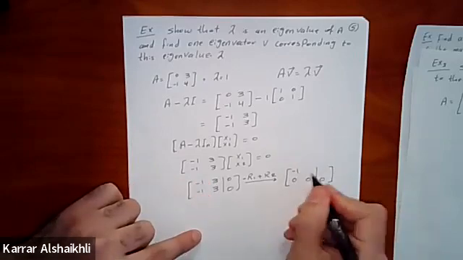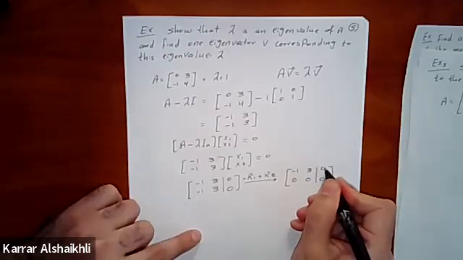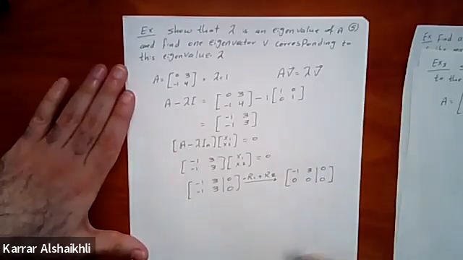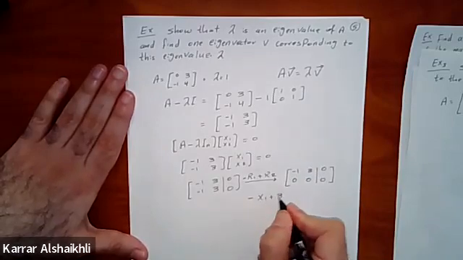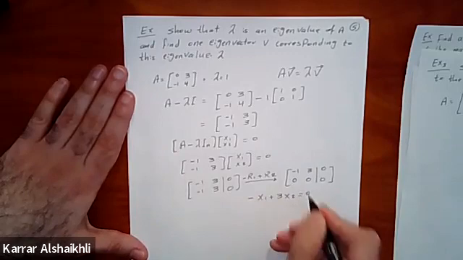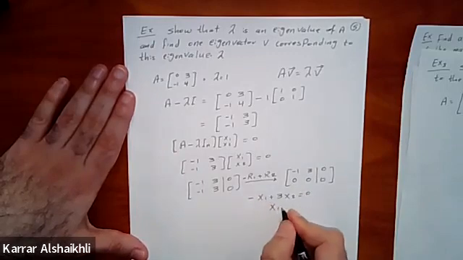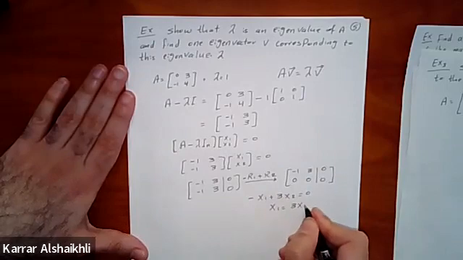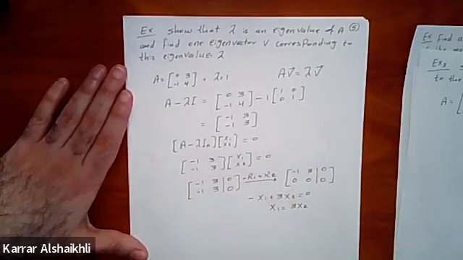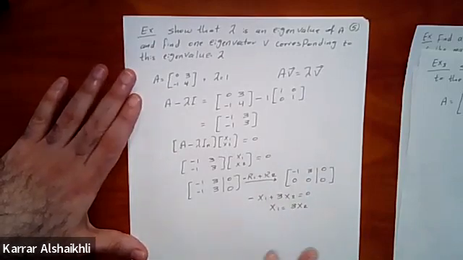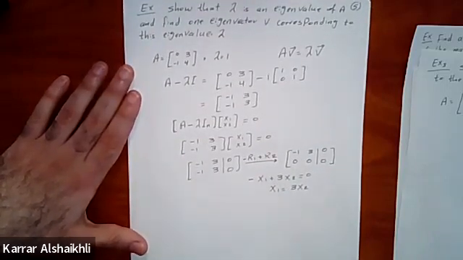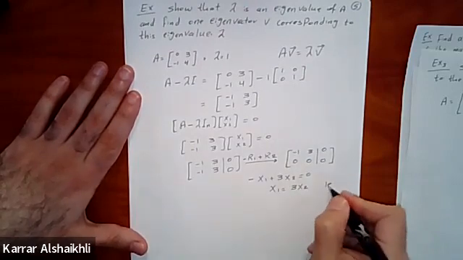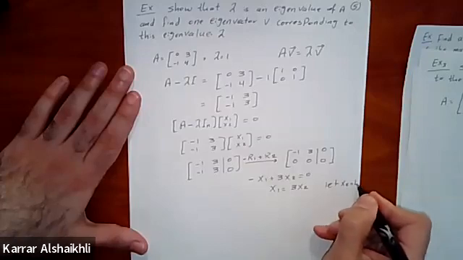The first row is going to be the same. That means negative x1 plus 3x2 is going to be 0. So x1 is going to be 3x2. If you want to make it easier, do not confuse yourself. Assume that x2 is any variable, t. Let x2 equal t.